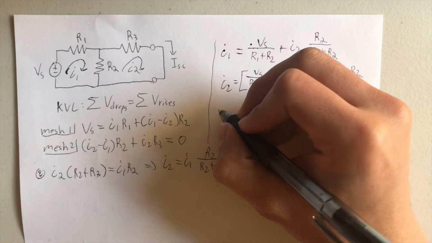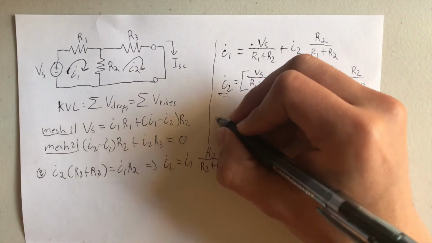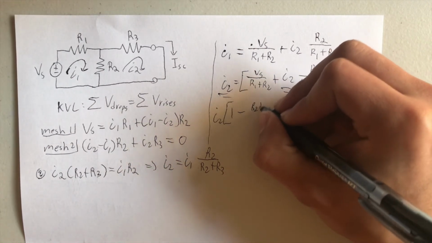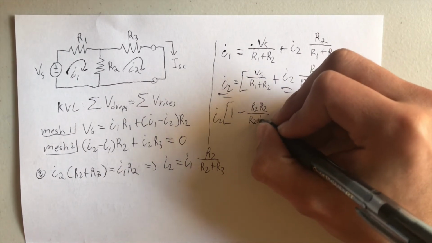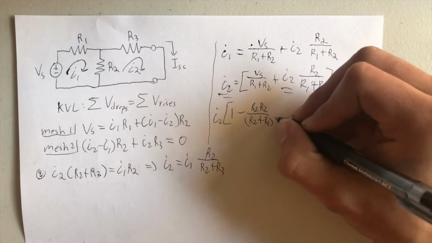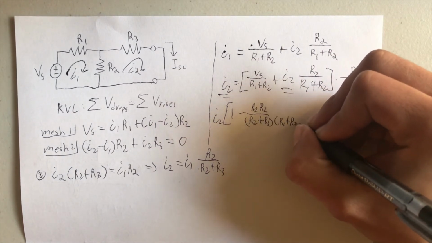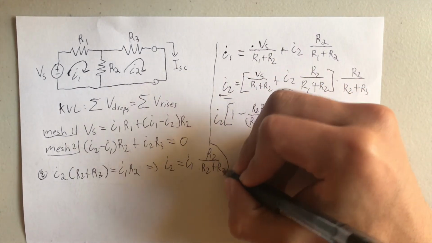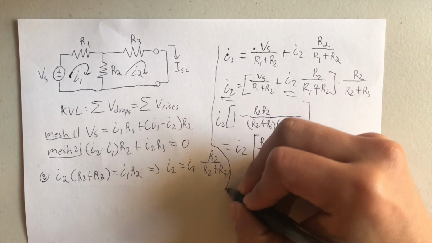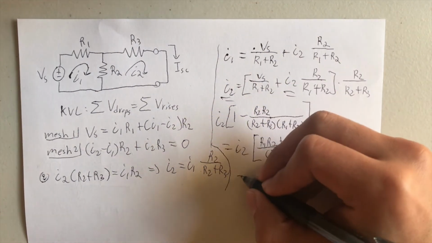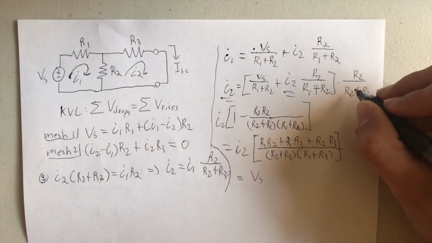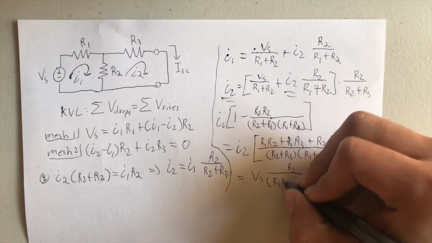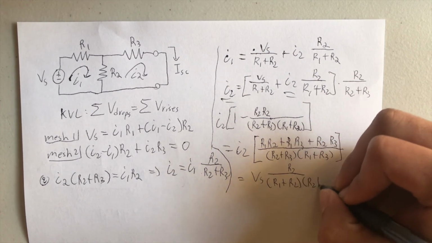We move I2 into one side, and we get 1 minus R2 squared over R2 plus R3 times R1 plus R2, which is equal to, on the left side, we get the voltage source multiplied times R2 over R1 plus R2 times R2 plus R3.